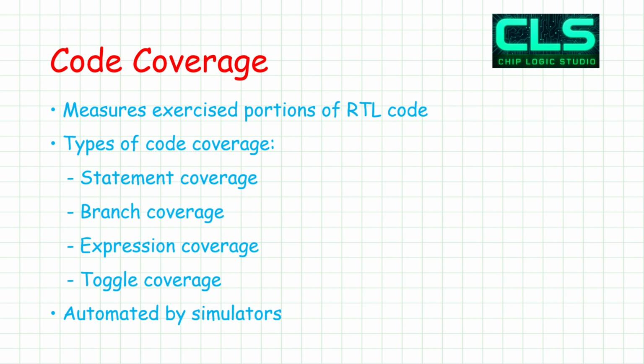Like if you are writing an if condition, then the else condition should also be covered in some other test case. Branch coverage is similar, every branch should be covered, like in a case statement, every branch inside it. And expression coverage, like y equal to a plus b or something. Toggle coverage, for example, if you have declared a variable of 64 bits, then every bit of that should toggle.